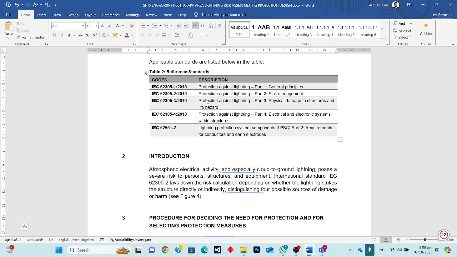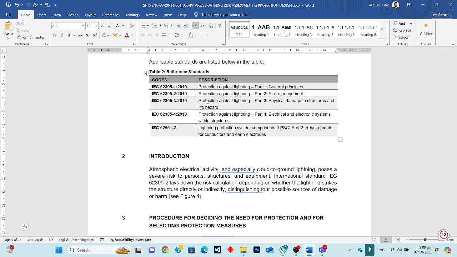Due to that, mostly people may die, or in some cases they may be burned by the lightning current, and other equipment, mostly the inverters, stations, and cables, will be affected by these lightning strikes.